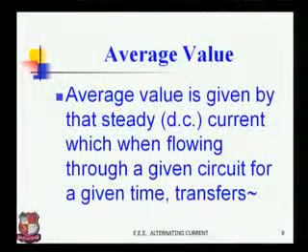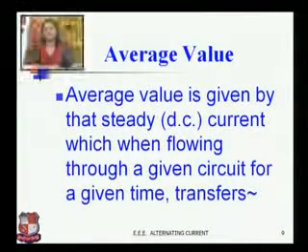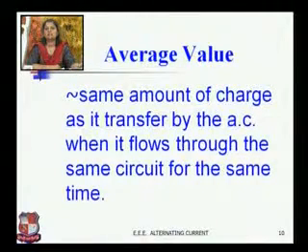Now we switch over to the next topic, which is average value. Average value is given by the steady or direct current which, when flowing through a given circuit for a given time, transfers the same amount of charge as is transferred by AC when it flows through the same circuit for the same time.